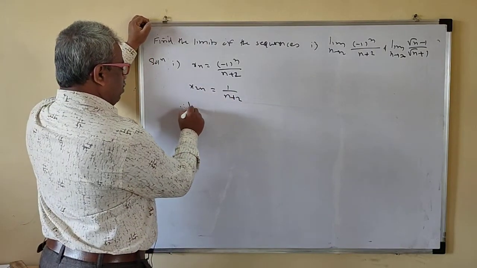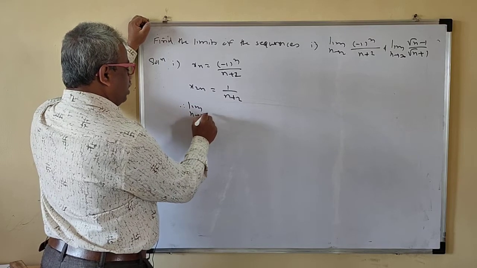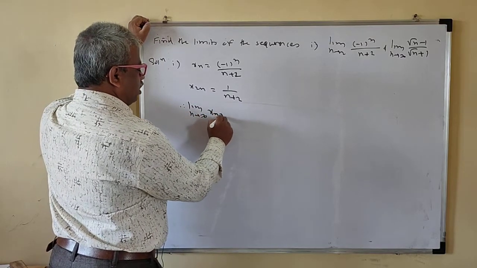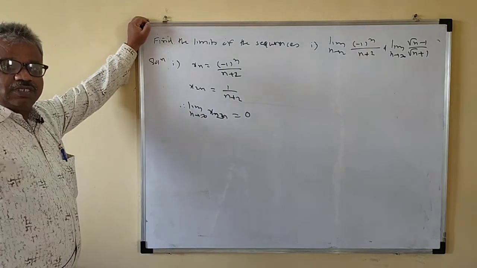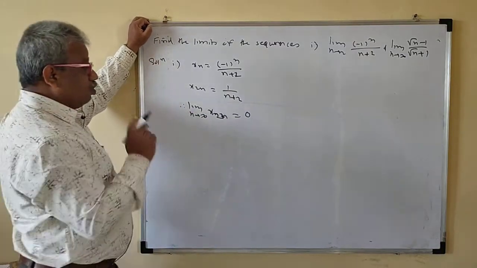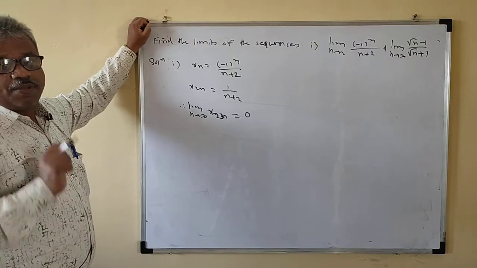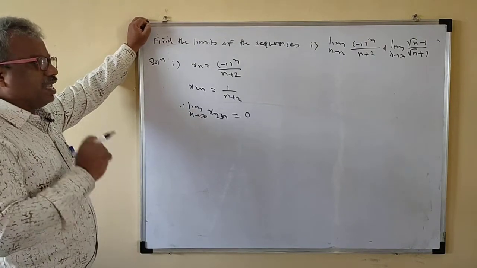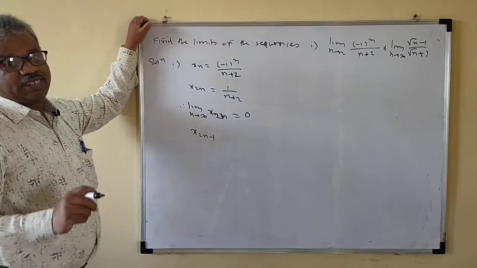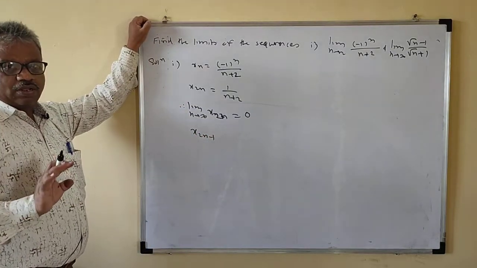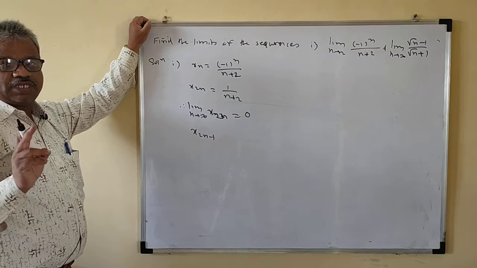Therefore limit n tends to infinity x twice n is equal to 0. For even terms the limit exists and it is 0. So we check what happens for odd terms. If odd terms also tend to 0, then the limit exists and it is 0. So for odd terms, you have to start from twice n minus 1.